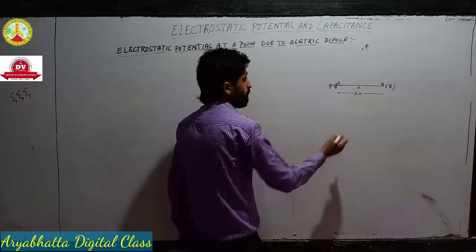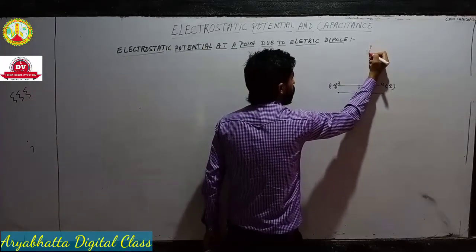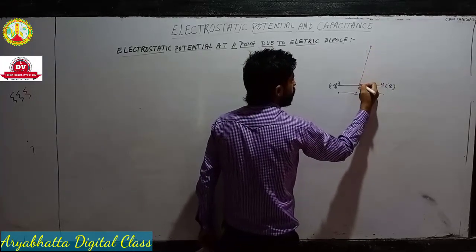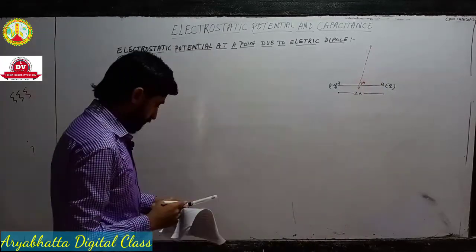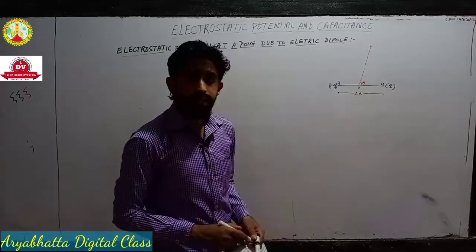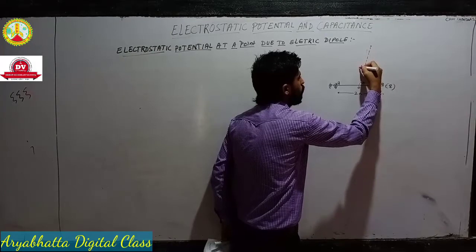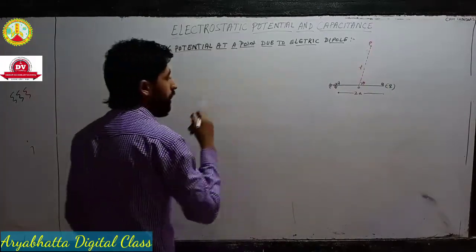Now I'll just join this with the center. This will form some angle theta. Now we need to find the electrostatic potential in terms of theta and r. Let's say the distance from O to P is r.